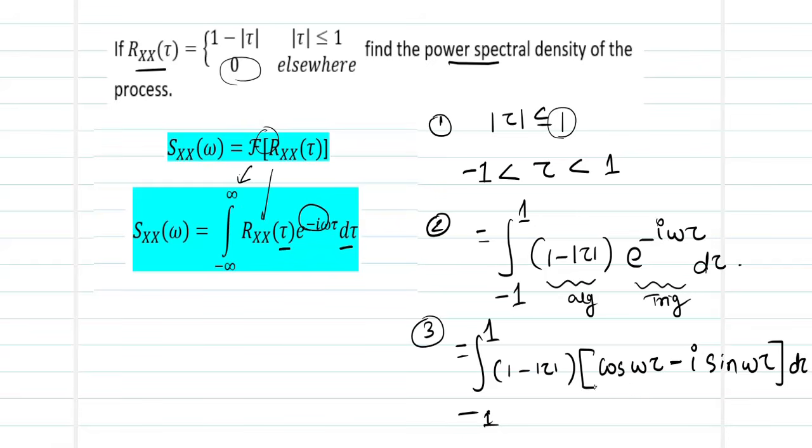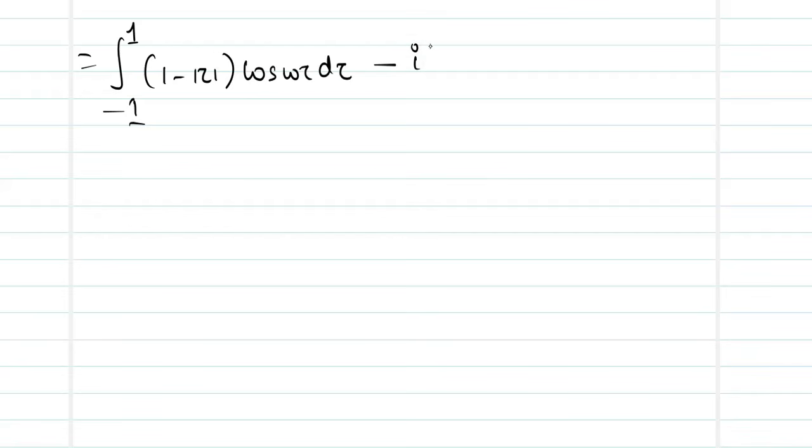Now let me break this complex number into two parts so that in my next step I have integral from minus 1 to plus 1, 1 minus modulus of tau cos omega tau d tau, minus i, which is a constant so that can be taken outside, integral from minus 1 to plus 1, 1 minus modulus of tau sine omega tau d tau.